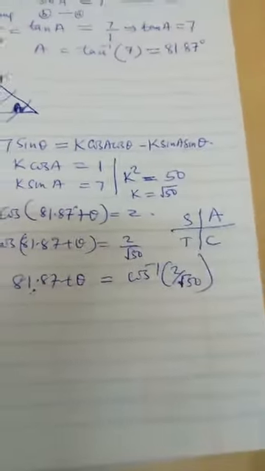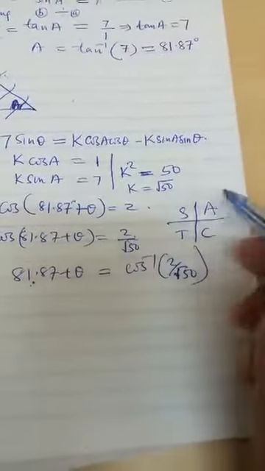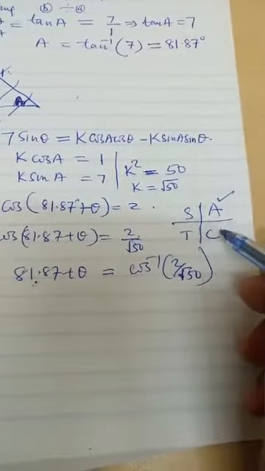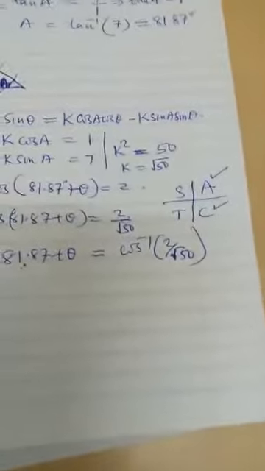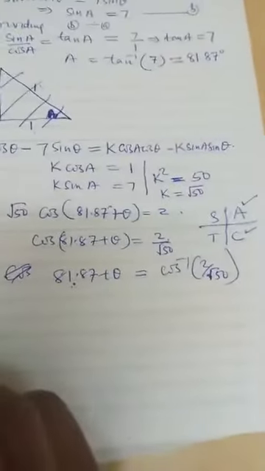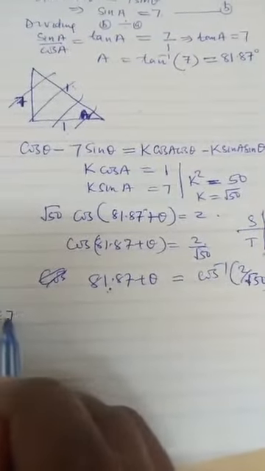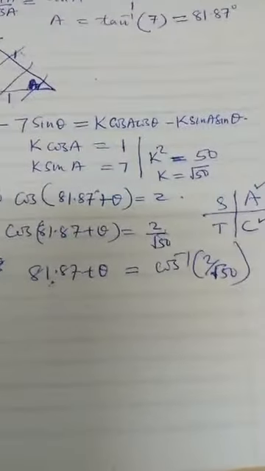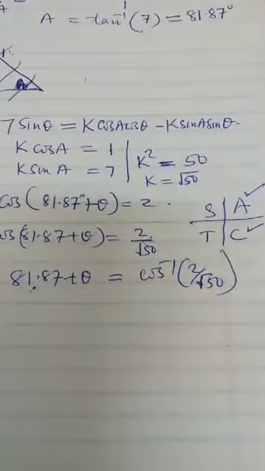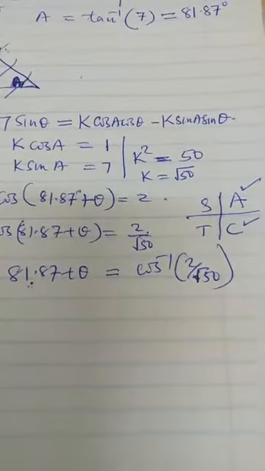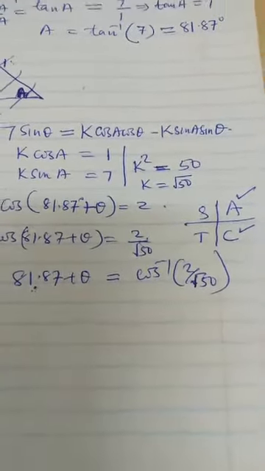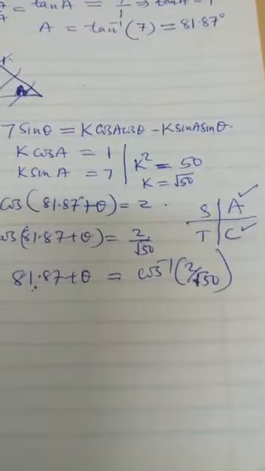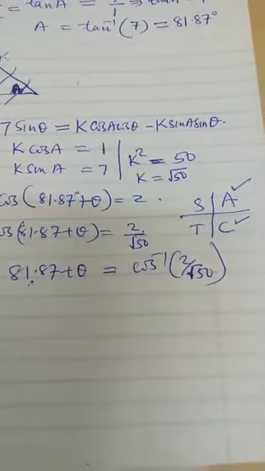Since this is positive, we are looking at the first quadrant and fourth quadrant. So we get the first value of theta. I will write 81.87 plus theta being equal to shift inverse cos of 2 over root 50.